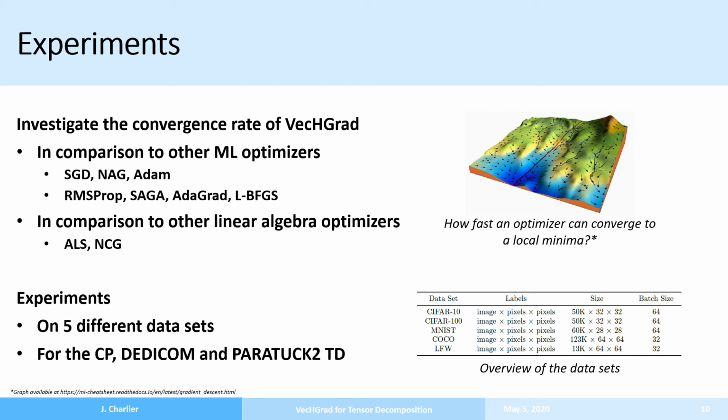We performed our experiments on 5 different public datasets, presented here in the table, where we have the C4 dataset, MNIST, COCO, LFW, and we performed the experiments according to 3 tensor decompositions previously presented: CP, DEDICOM, and PARAFAC2.